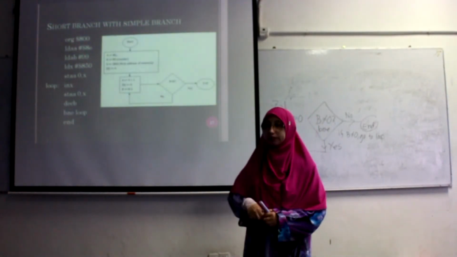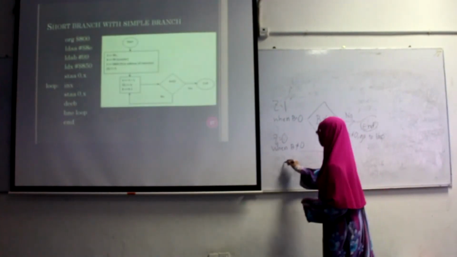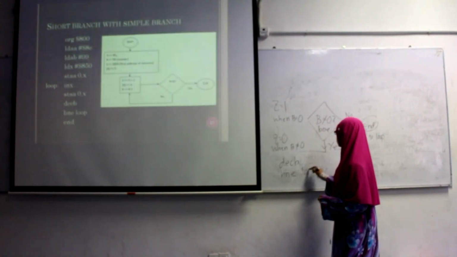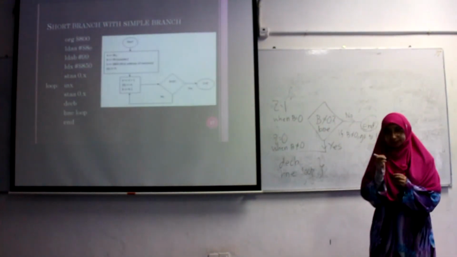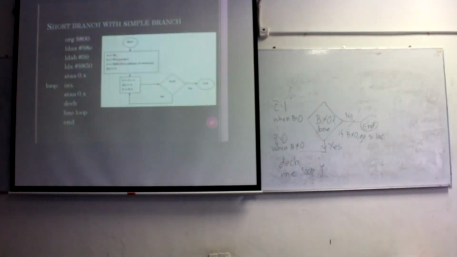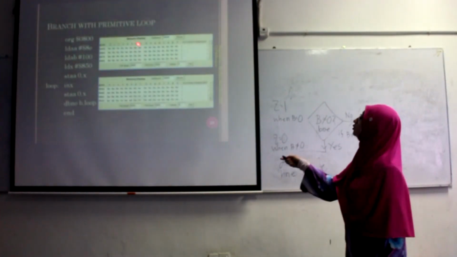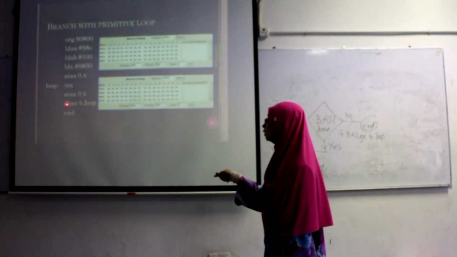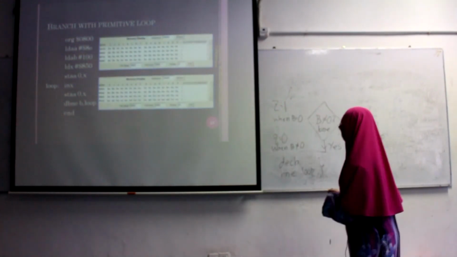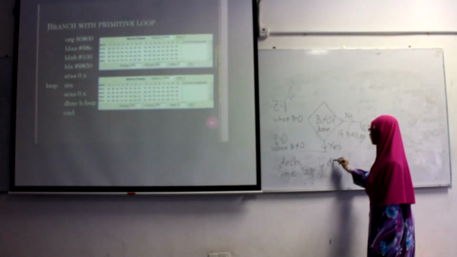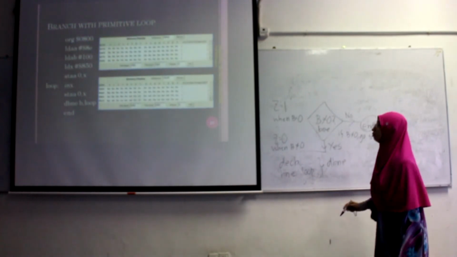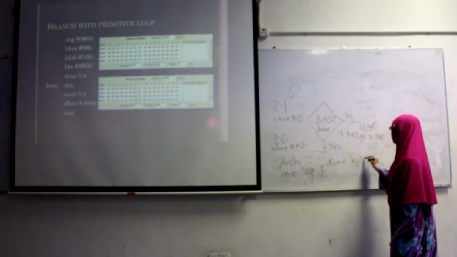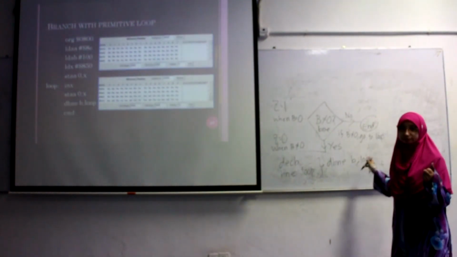We can make it only one instruction, using the loop primitive. We choose D because of decrease. D is decrease, BNE is branch not equal, and B is our counter, decrease B, and this is our relative mode.